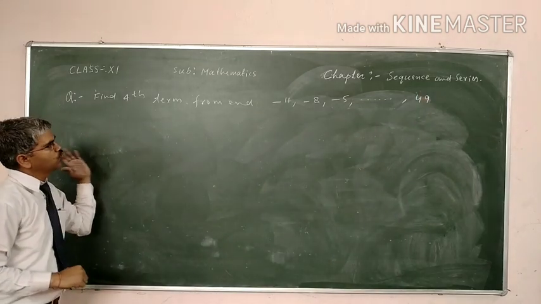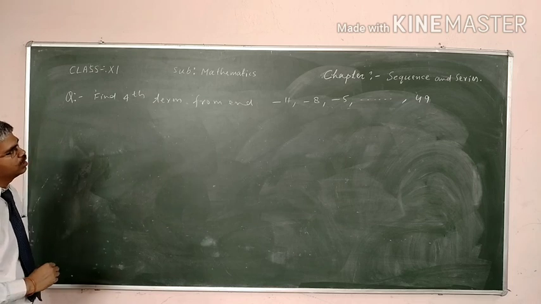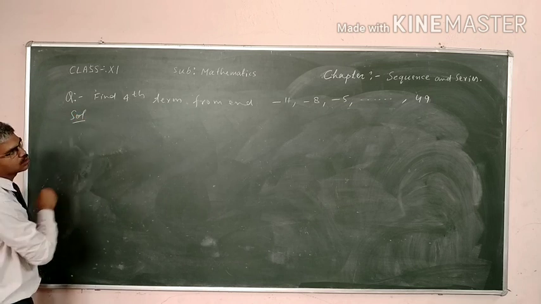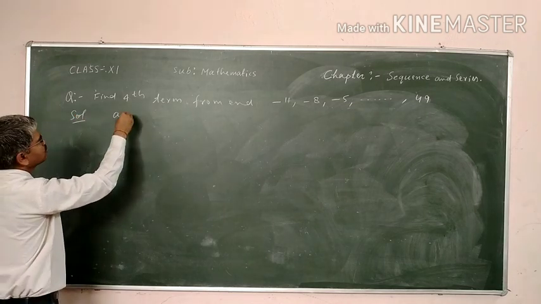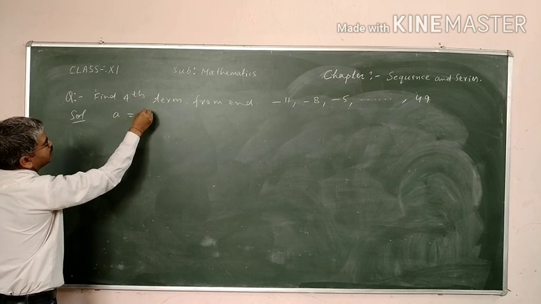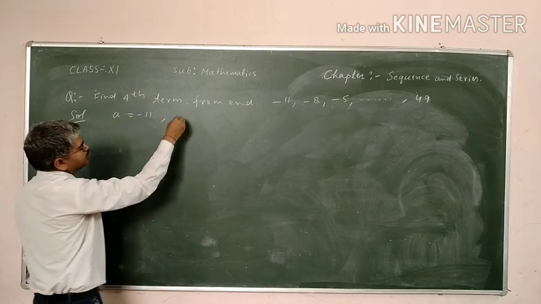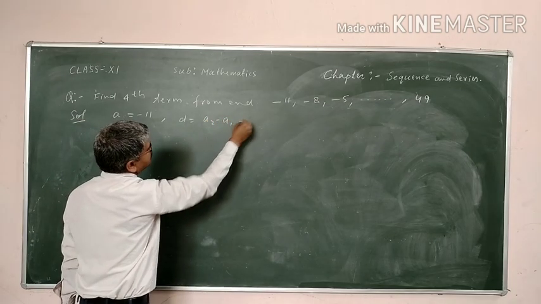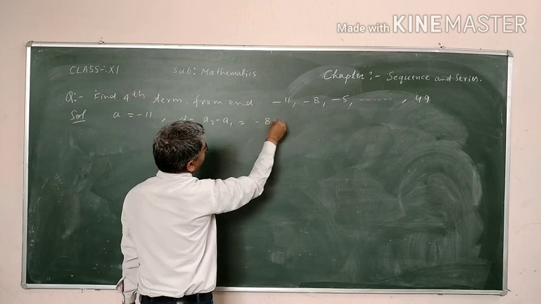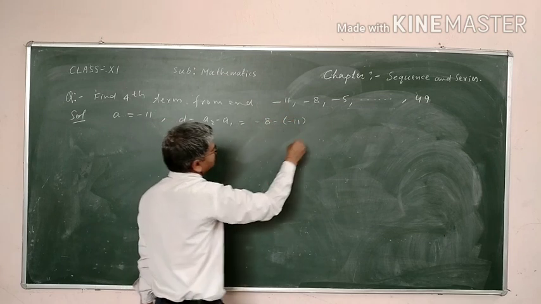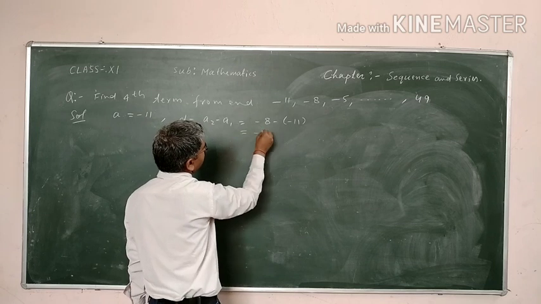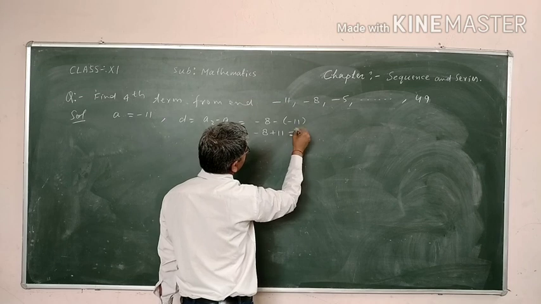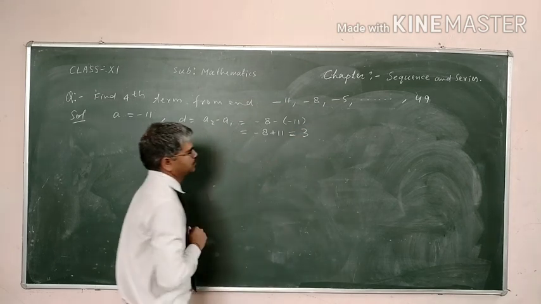Students, from the given sequence, it is clear that a is equal to minus 11 and d is equal to a2 minus a1, means minus 8 minus (minus 11), is equal to minus 8 plus 11 is equal to 3.